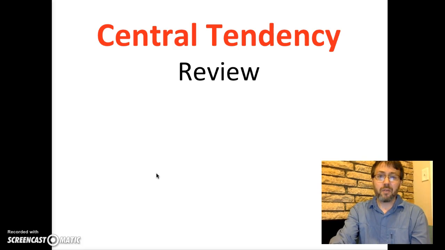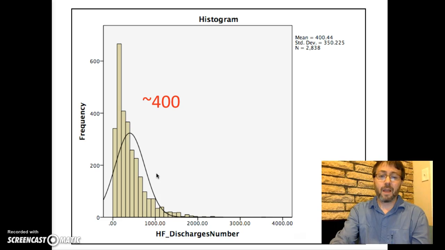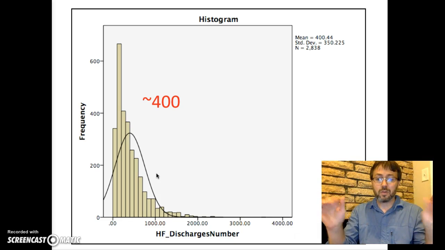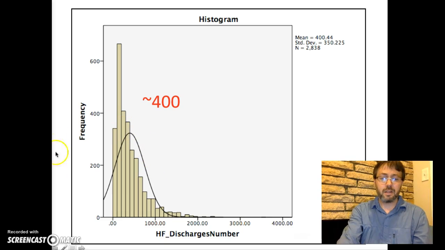So by way of review, we've already talked about how the mean of a variable is the total of all that variable's scores divided by the number of observations. And in this data set, for the number of heart failure discharges per hospital facility, you can see here that the mean is calculated at 400.